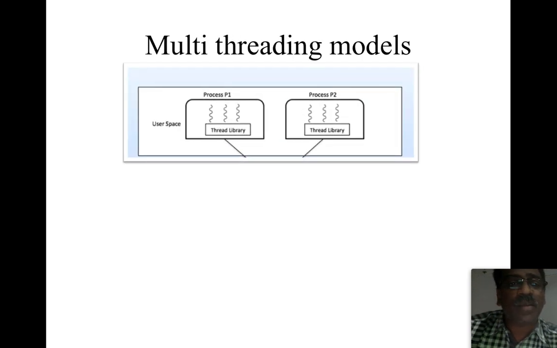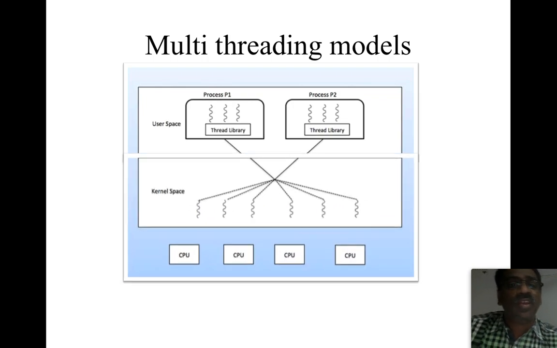And what are the multi-thread models? Now, when you see the diagram, there are two processes and more threads, which will be shareable. There are multi-thread models in Unix, of two types: user space and kernel space. Kernel space operates along with the operating system.